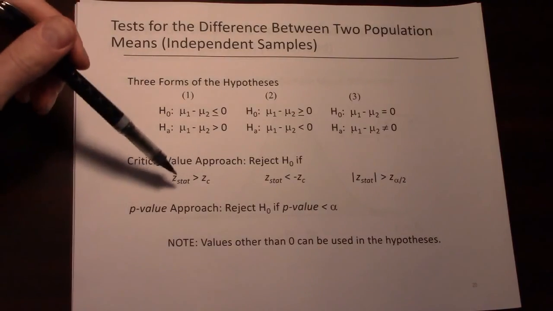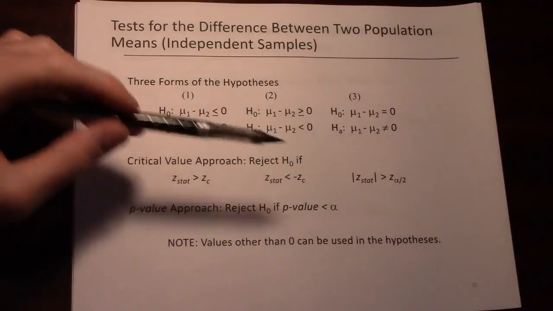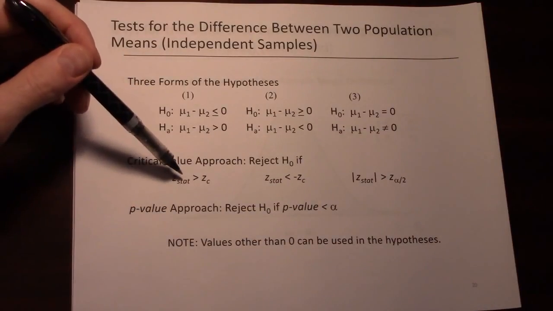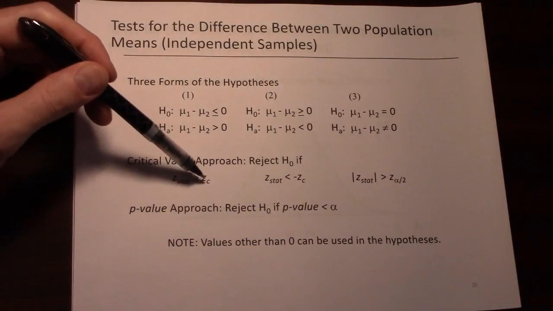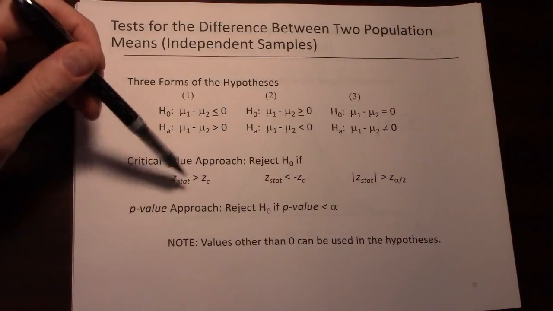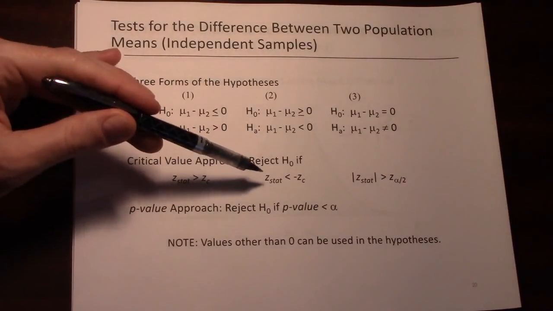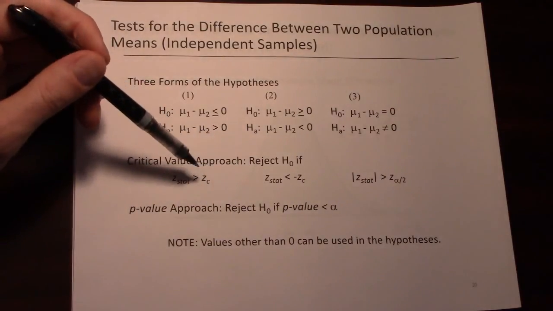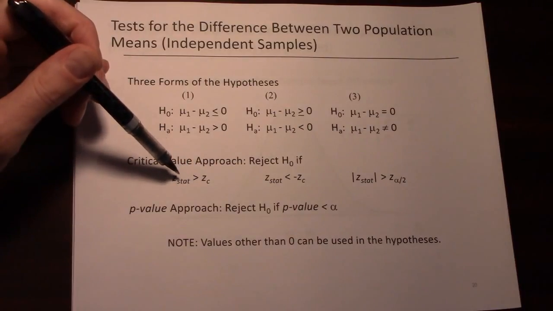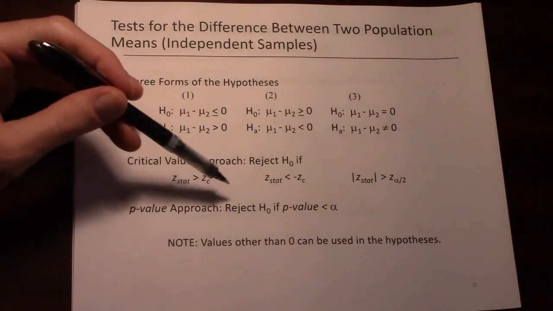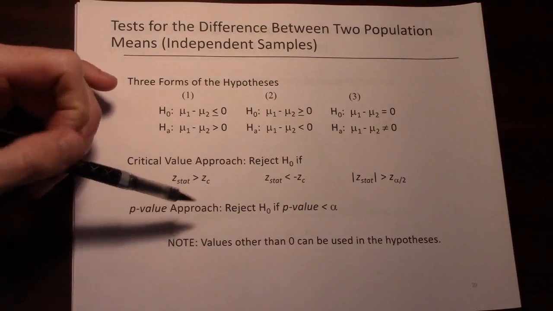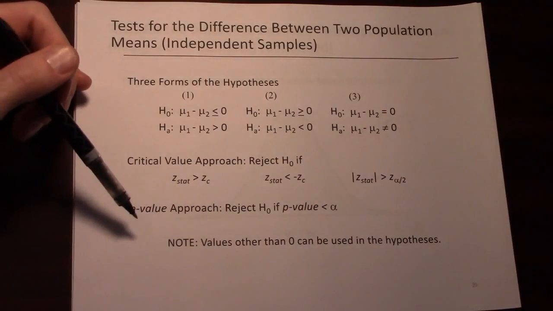The z-statistics are going to be set up the same way. If it's a one-tailed test, the z-statistics and the z-critical values are going to be set up the same way. And if the z-stat falls in the rejection region, we reject. P-value approach, same way as well.